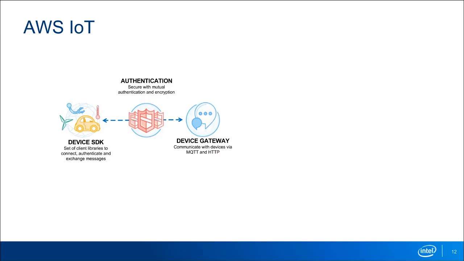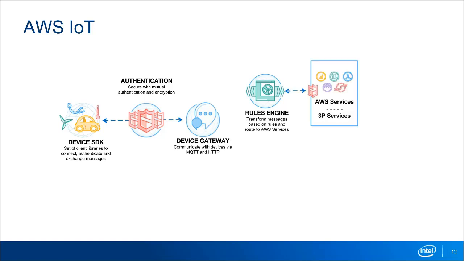One of those services is authentication. We're going to authenticate the connection to AWS IoT using a system of certificates. Another service that AWS IoT uses is the so-called rules engine, which allows you to redirect your data from the device gateway to any of the other AWS services like Lambda or Elasticsearch.